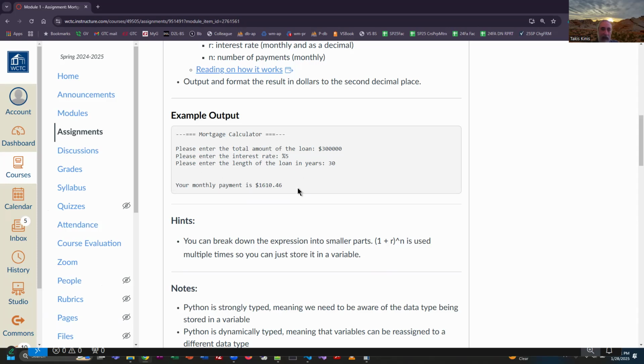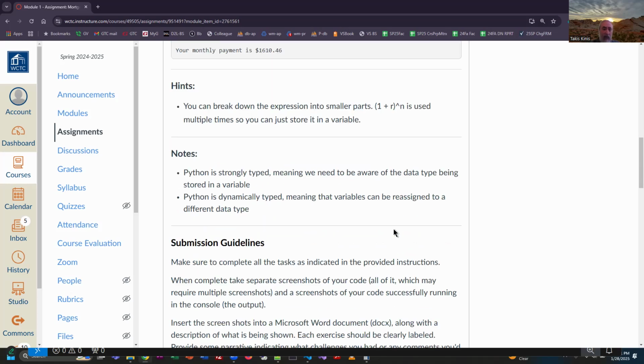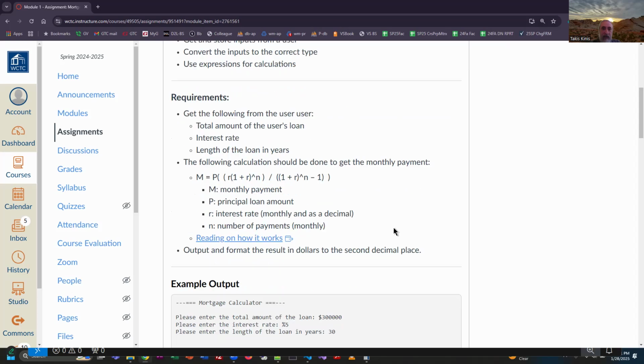And then we have some blank lines, and then an output of the monthly payment. So there are inputs from the user, we're storing them, converting to numbers, running the equation, probably storing that value, and then outputting it to the screen in a format that makes sense. There are some tips and guides down here, but I think we have all the information we need to get started.